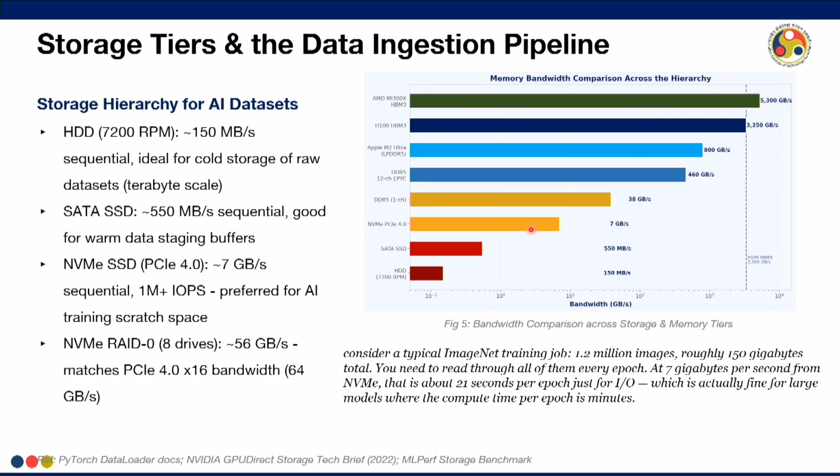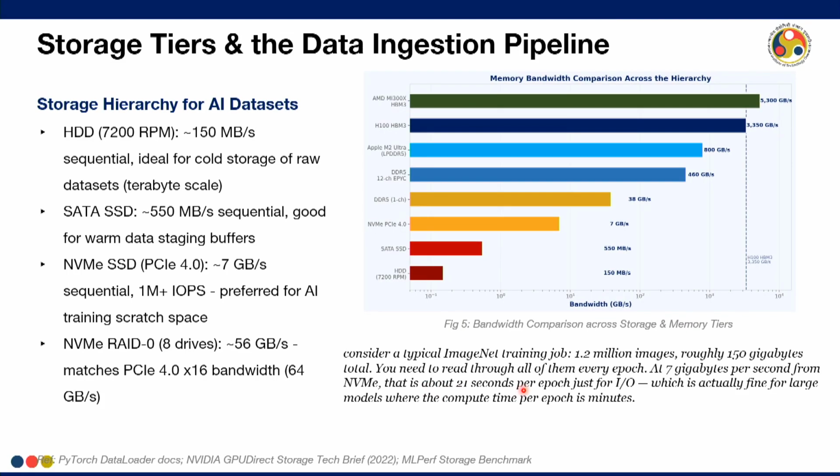At 7 GB per second, let's say I am keeping the ImageNet dataset inside my NVMe SSD on PCIe 4 and accessing it at 7 GBps. That takes around 21 seconds per epoch. So each epoch will take 21 seconds just for your data transfer, the IO operation.